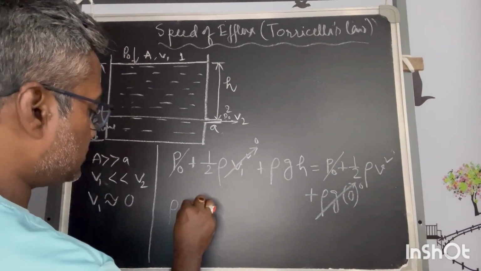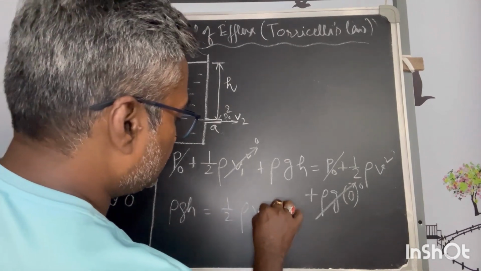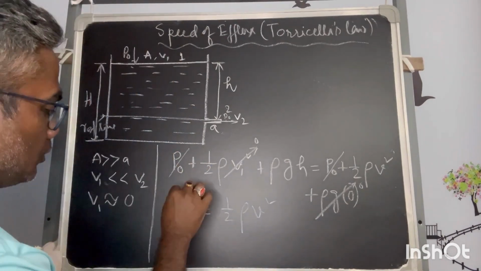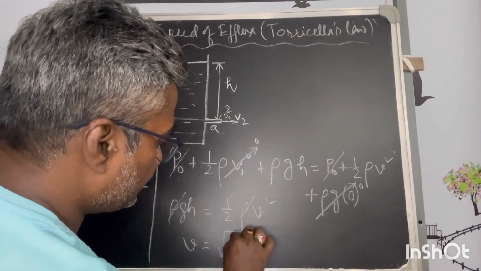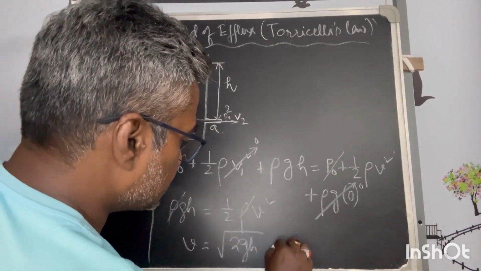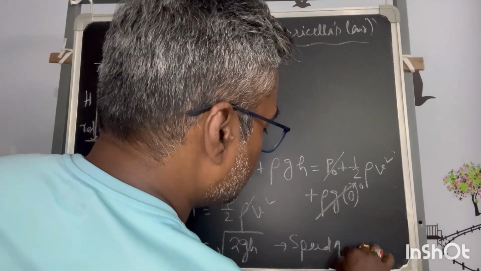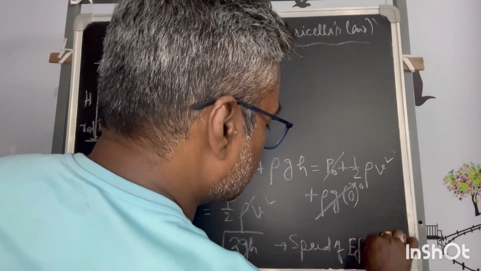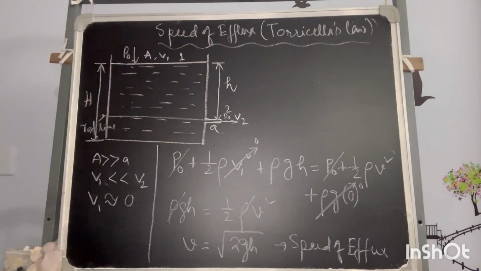So rho g h on the left side is equal to half into rho into v squared on the other side. Rho also cancels out, so v is equal to the square root of 2 g h. So this is your speed of efflux, or ejection. This comes under Torricelli's law.